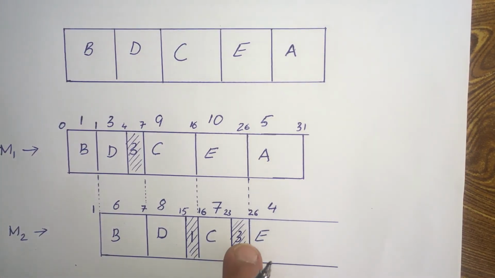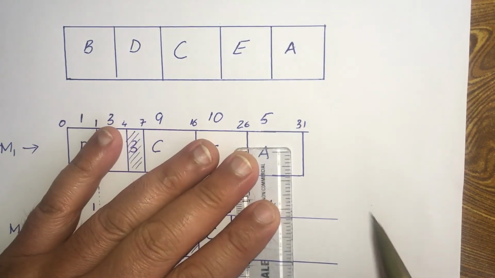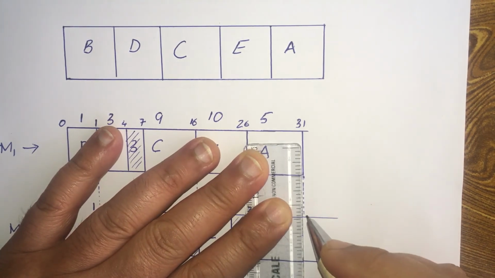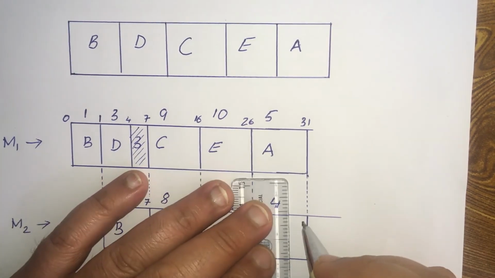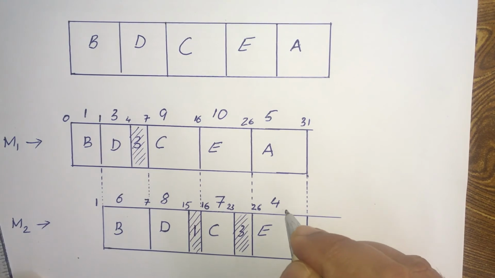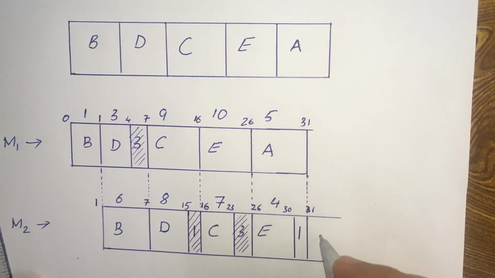Alright. And here 26 plus 4 is equal to 30. So again there will be an idle time of 1 hour. And A is going to come down to M2 by the 31st hour.